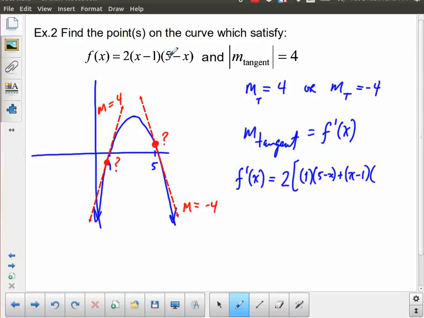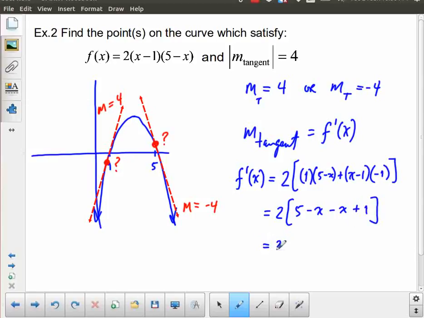Now the derivative of this 5 is equal to 0, and then the derivative of negative x is equal to negative 1. So that becomes 2, and now I just go ahead and multiply that out. That's 5 minus x, and this one becomes positive x times negative 1 is minus x, and then positive times a negative is negative 1.